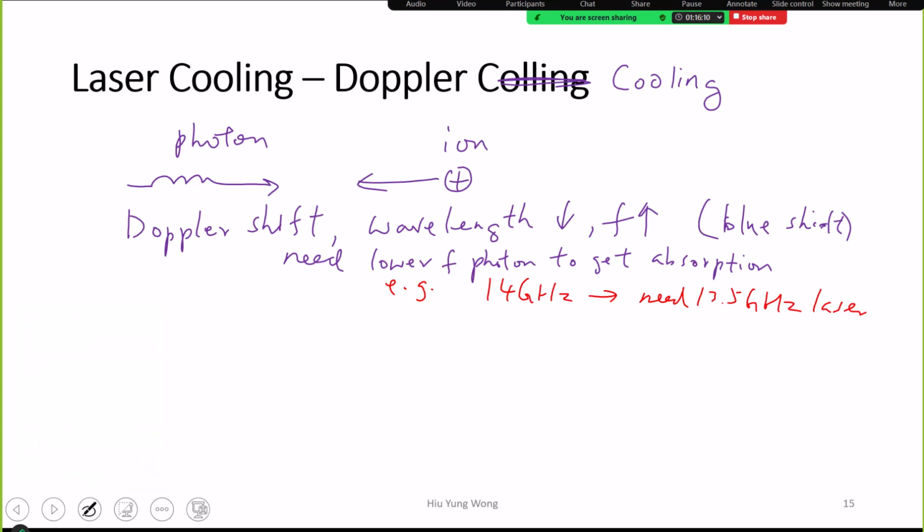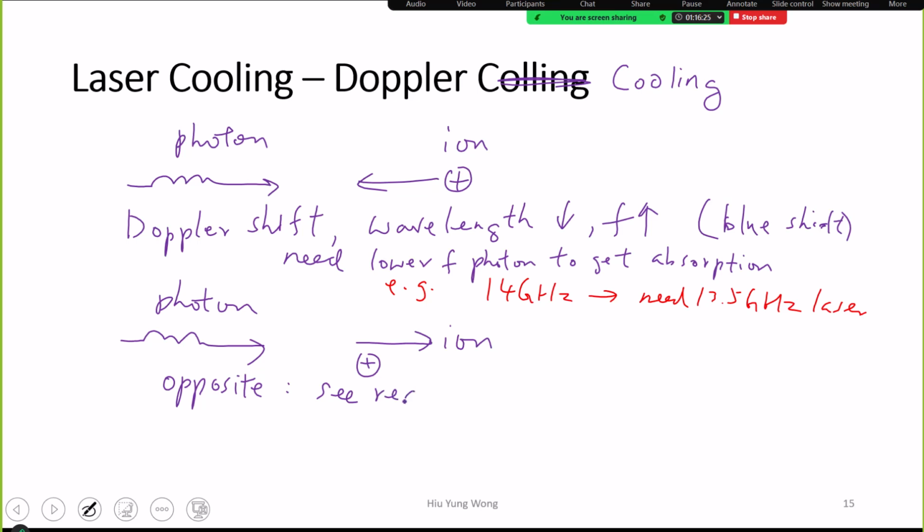Now, for those ions, the second case, for those ions that are moving away or moving to the right, then it's opposite. You will see red shift, lower frequency. So for example, you need 14 gigahertz to get excited.